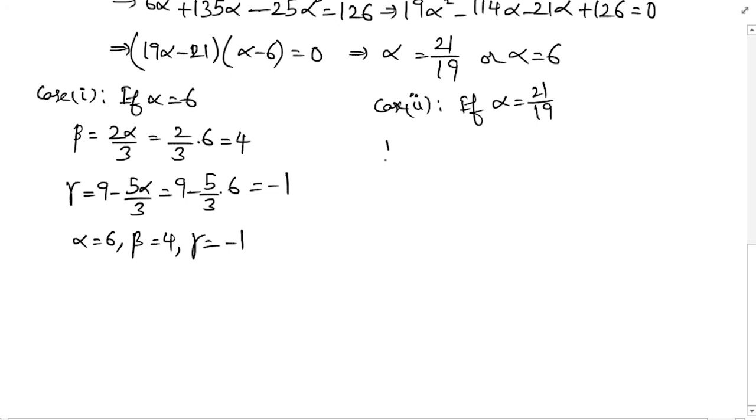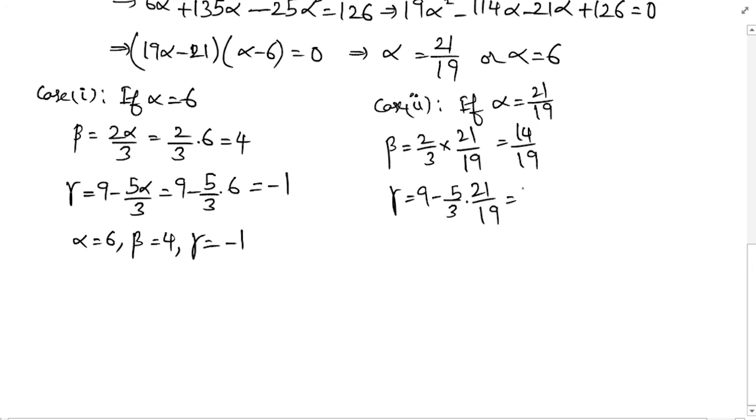Now we will consider case 2, if alpha is equal to 21 by 19. So beta is equal to 2 by 3 into 21 by 19, that is equal to 14 by 19. Then gamma is equal to 9 minus 5 by 3 into 21 by 19, which is equal to 9 minus 35 by 19, which is equal to 171 minus 35 by 19, that is equal to 136 by 19.